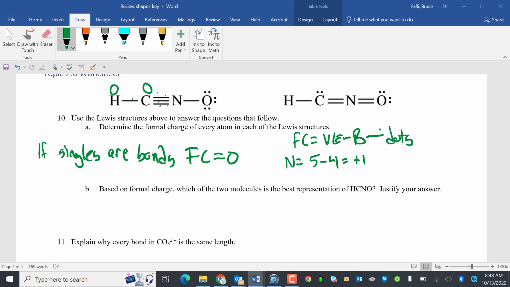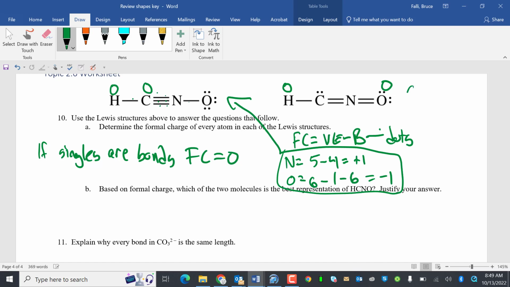And then oxygen equals 6 valence electrons minus 1 bond minus 6 dots equals -1. And then the other ones are 0. And this guy over here, this one's 0, 1 dot, 1 bond. Oxygen 0 has 2 dots, 2 single electrons, 2 bonds. So these were for the first one.